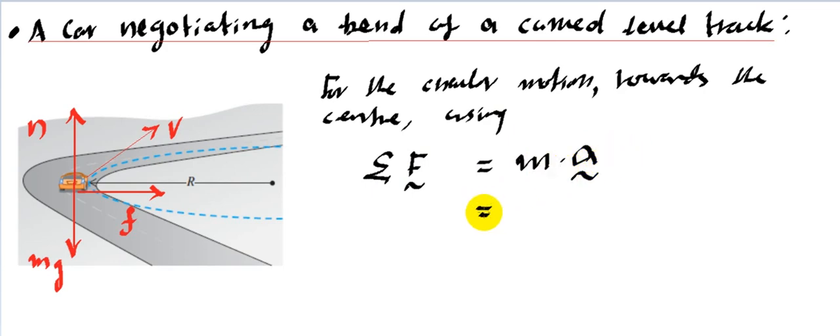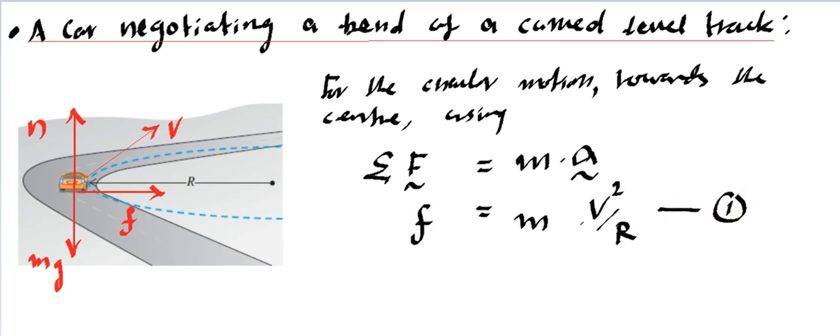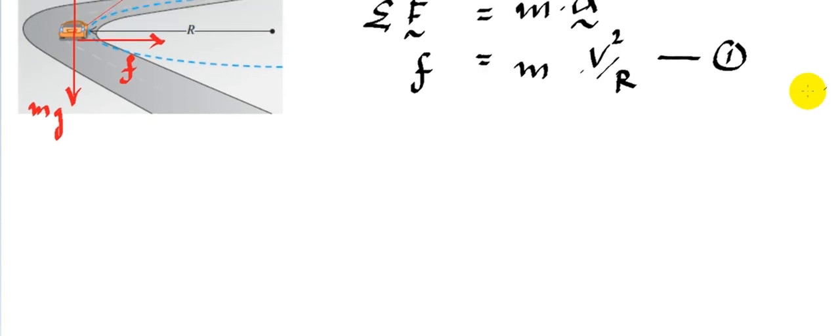So when applying this equation towards the center, the acceleration is the centripetal acceleration, given by v squared by r, where r is the radius of the circular path, times the mass. This is equal to the resultant force, that is only the frictional force, like this. This is labeled as equation number 1. This equation is going to determine how the force varies with the speed. So the force increases as the speed is increased.